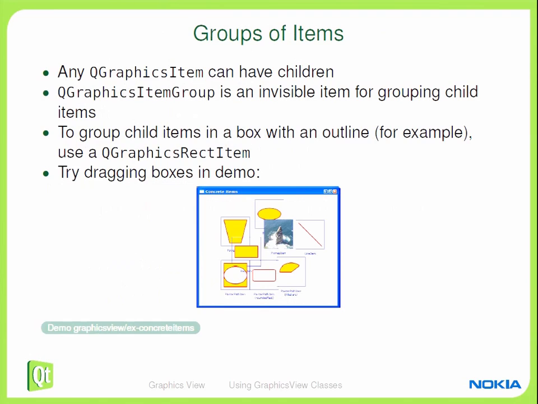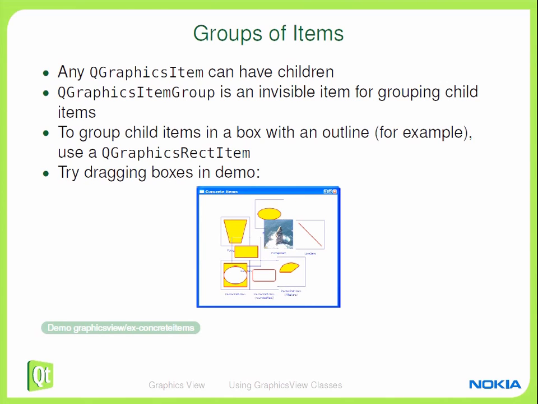You can make groups out of items. In the previous example, the colliding mice example, the parent of each mouse was the scene. So they were moving in relation to the scene's coordinates.